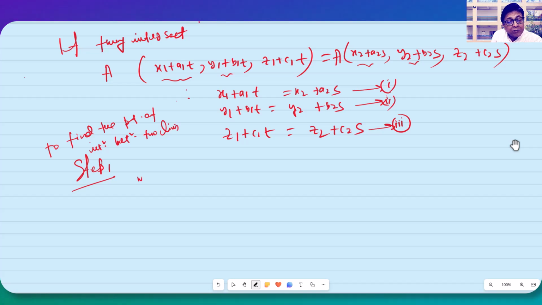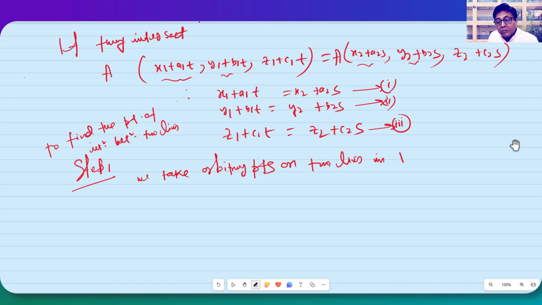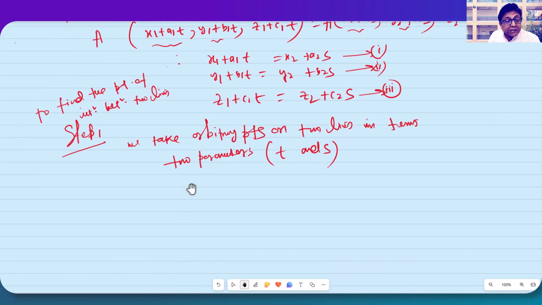Step 1, we take arbitrary points on the two lines in terms of two parameters. What we have taken? Two parameters means t and s. First one for t and second one for s.